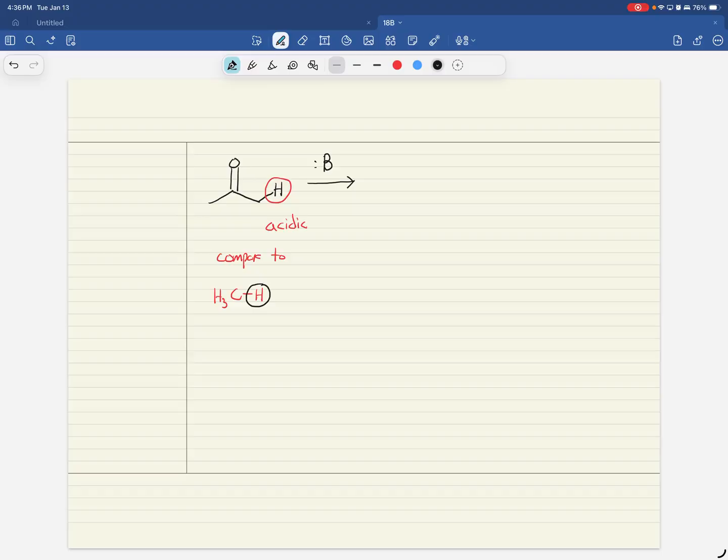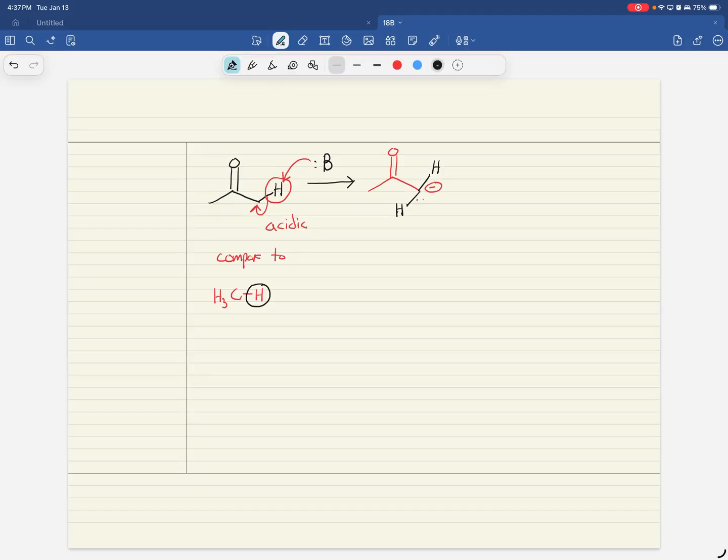So let's demonstrate here. I'm going to use my base to remove this hydrogen. Now this carbon has two hydrogens and a negative charge, right?